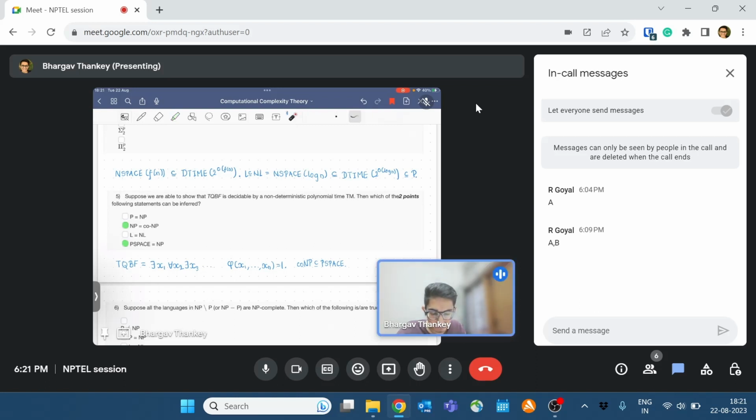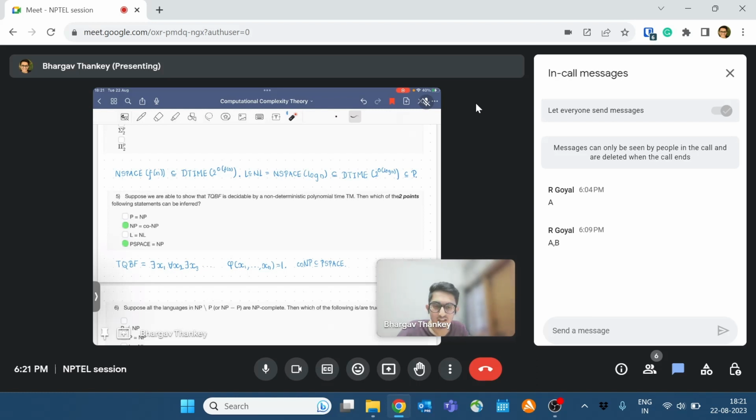Is it clear that TQBF does not a priori have anything to do with the Sigma i's? Still, I feel that we can always say that there would be at least one variable inside the Boolean expression. I mean, the Boolean expression cannot be empty.